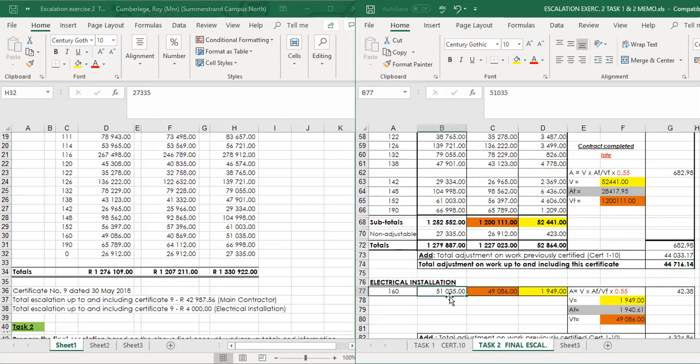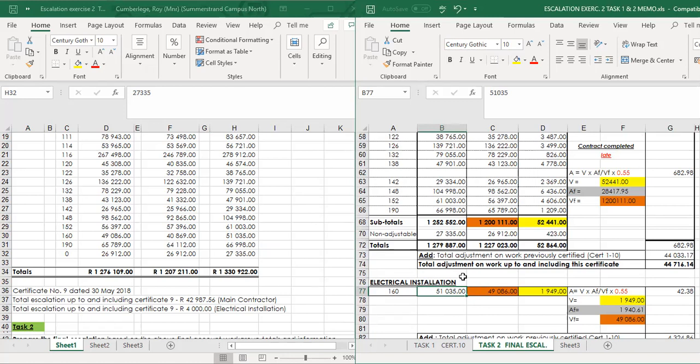Again, on the nominated subcontract side, this figure is supplied by the electrical engineer. And remember, all these figures are excluding VAT. So as a quantity surveyor, I will ask the electrical engineer, what is the final value for the electrical installation? Because the engineer is also preparing a final account for his work.